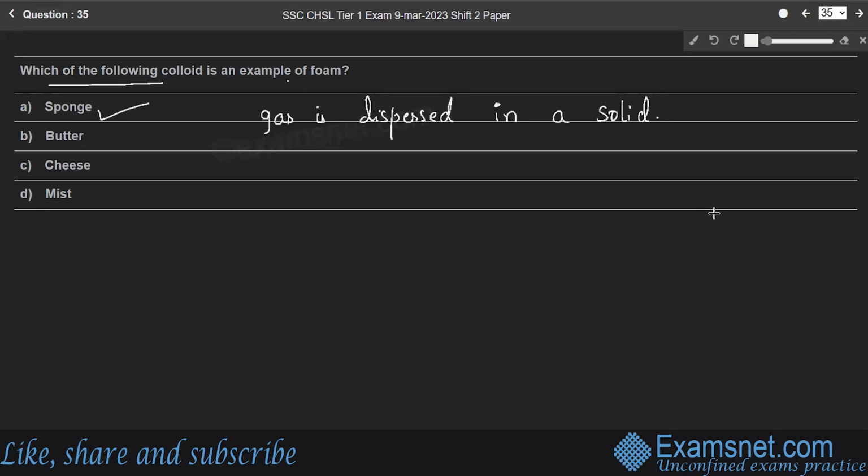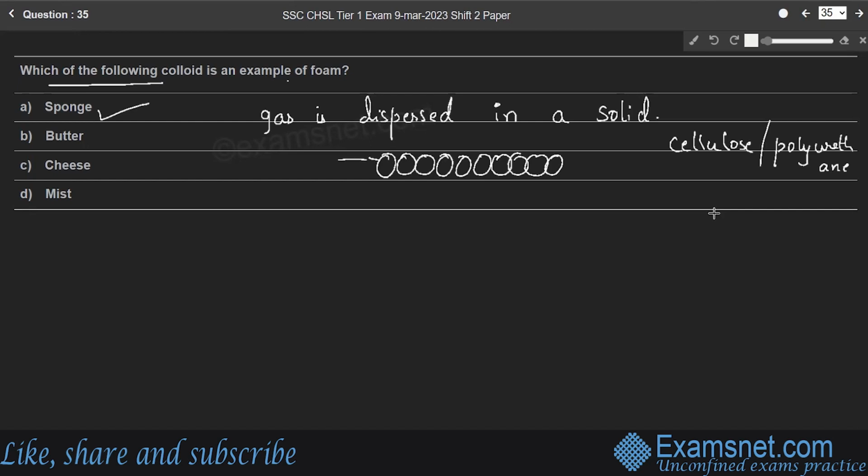In a sponge, a solid material such as cellulose or polyurethane forms a network of pores that trap gas.